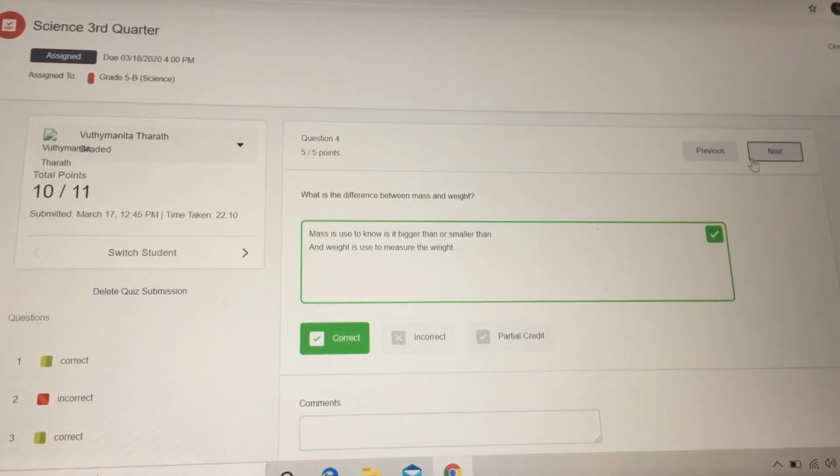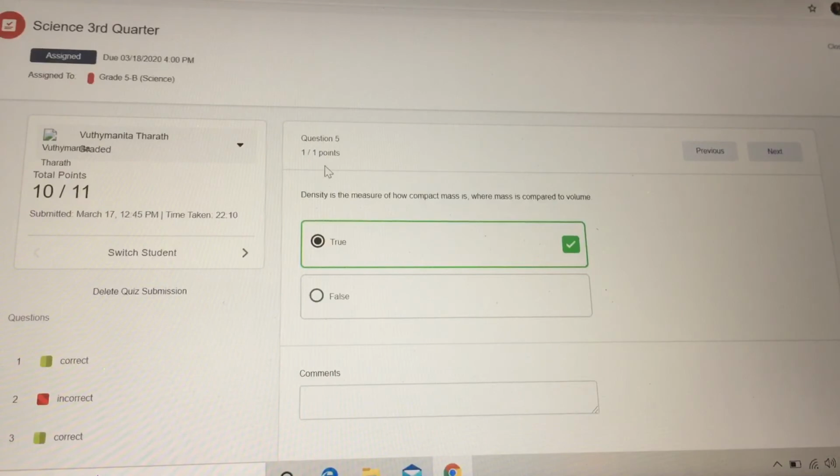Okay, next, question number 5. Density is the measure of how compact mass is compared to volume. It's true or false, and she answered true, and that's correct. So density, as I said, is the amount of matter of an object.